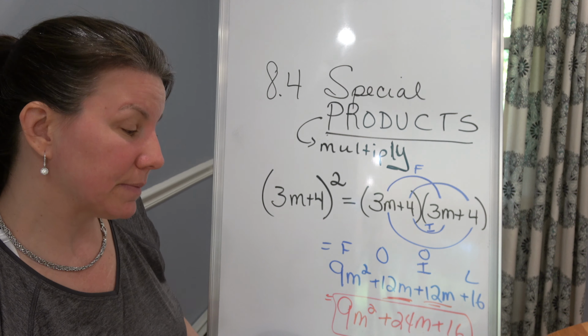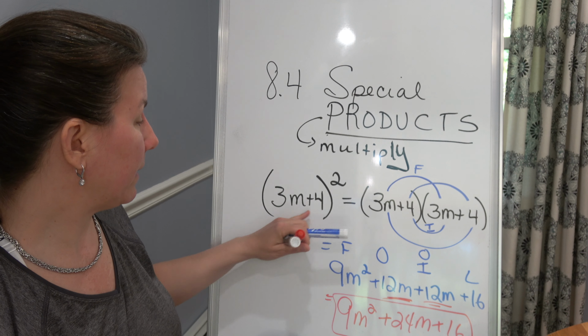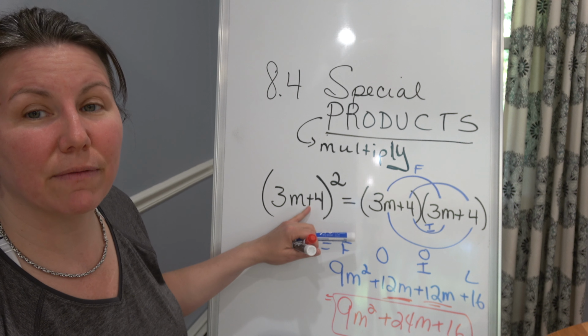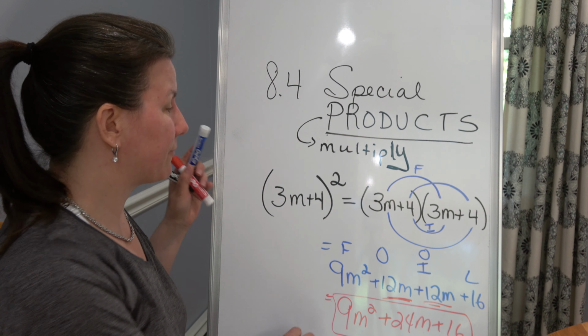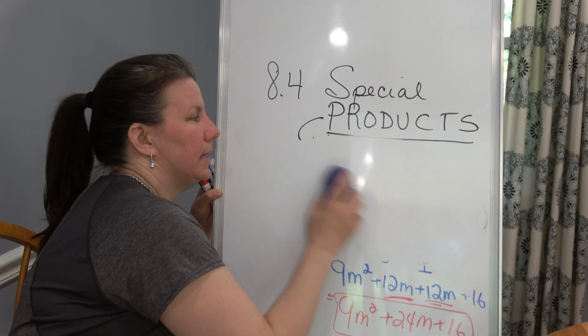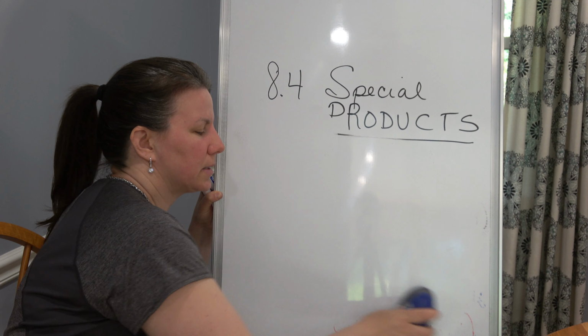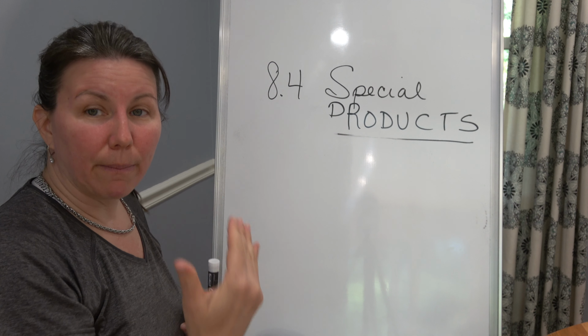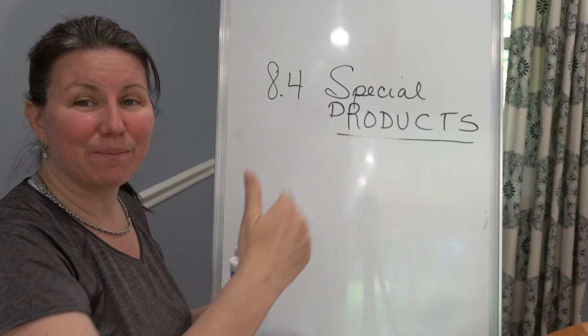Now, sometimes when you're squaring a binomial, you're not going to have a plus there, you're going to have a minus. You're going to have a difference, right? So again, we're still multiplying, and these are special products because they start with squaring a binomial, so you're doing the same multiplication.